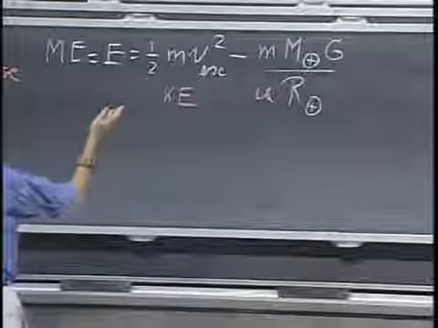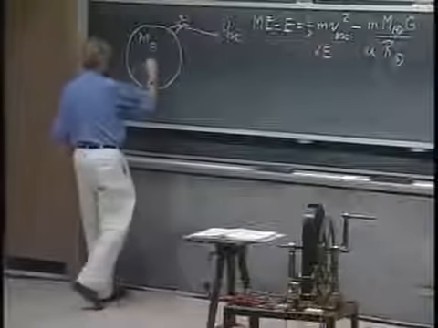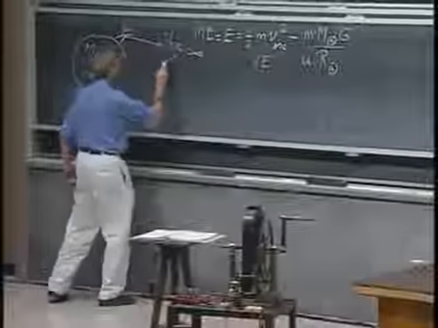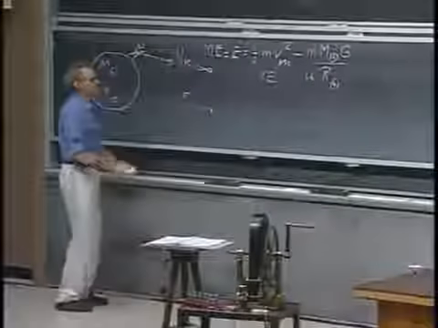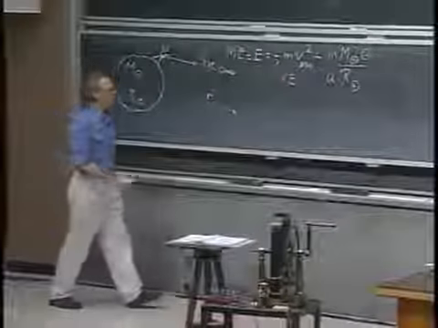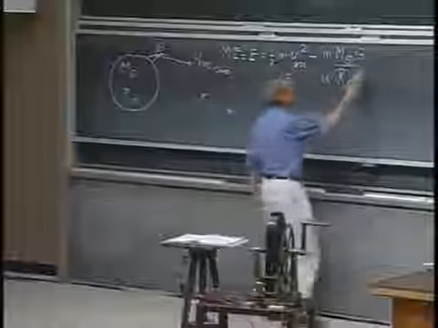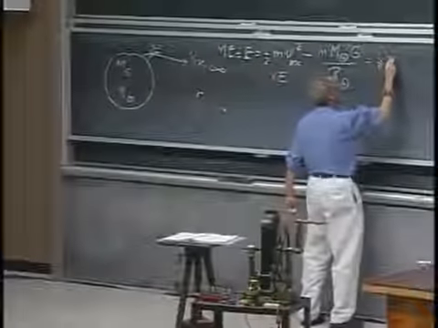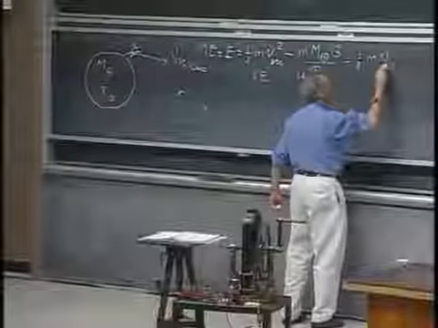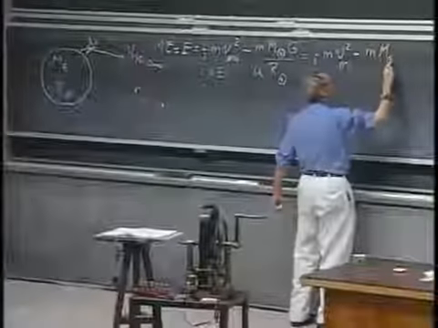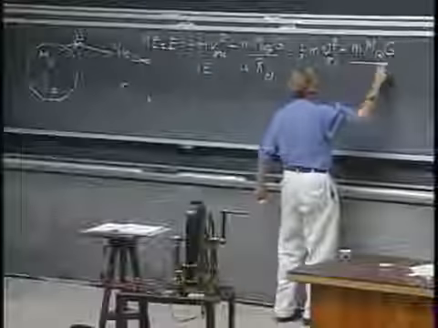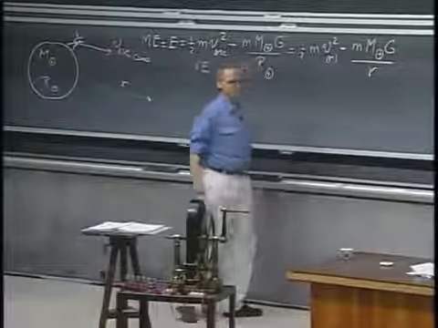Mechanical energy is conserved because gravity is a conservative force. So no matter where you are on your way to infinity, if you are at some distance r, that mechanical energy is the same. And so this should also be 1/2 m v at a particular location r squared minus m M_Earth G divided by that little r.